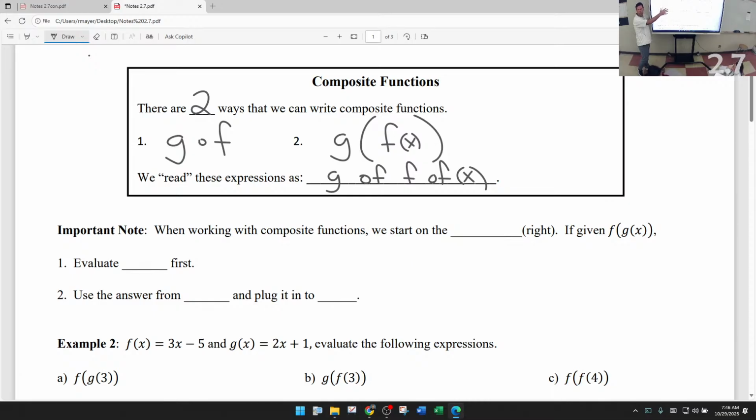Sometimes it will, sometimes it won't. I like that one better than this one because this one sometimes looks like multiplication and gets me confused. But they use this one more than they use that one.